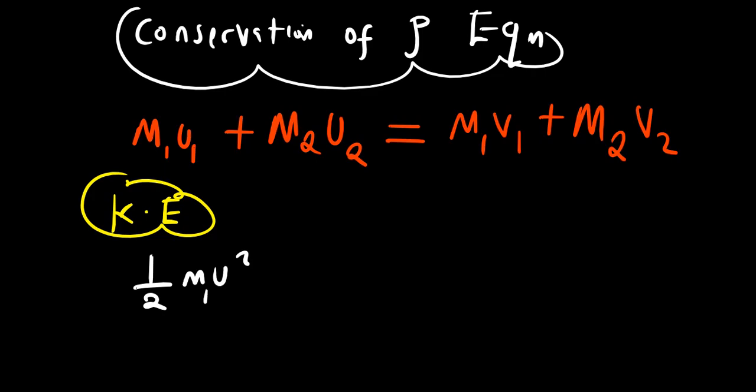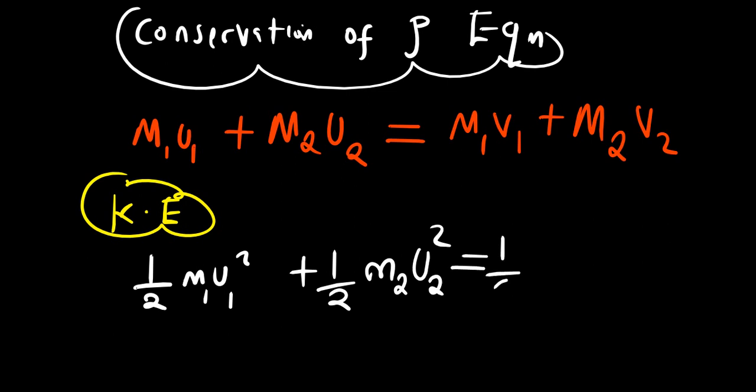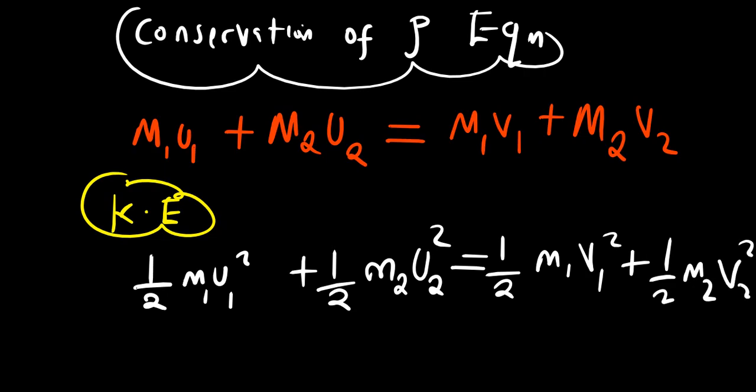This is mass 1 and initial velocity 1, plus for the second one it will be half m2, the mass for the second ball, u2 squared. This is equal to half m1 v1 squared for the first ball, plus half m2 v2 squared for the second ball. So this is very important for us to understand.